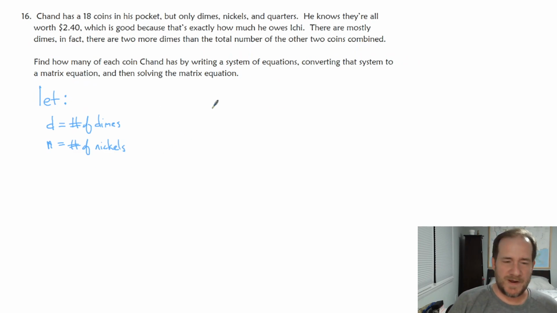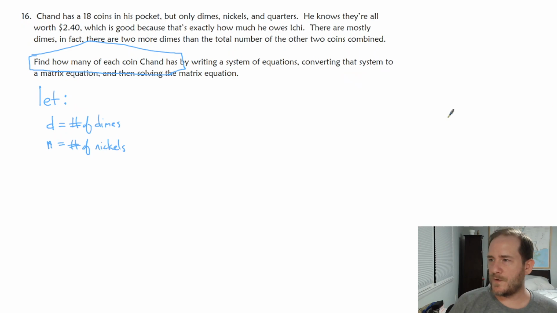Again, if you're anticipating not exactly knowing how to define your variables, this is going to be a spot. I mean, you read. What does it say? Right here. It says, find how many of each coin Chand has. That's the definition of your variables. You want to know how many of each coin. So how many dimes? That's going to be D, number of dimes, right?